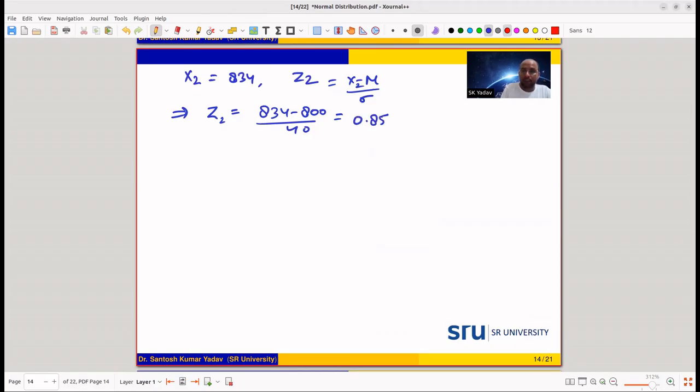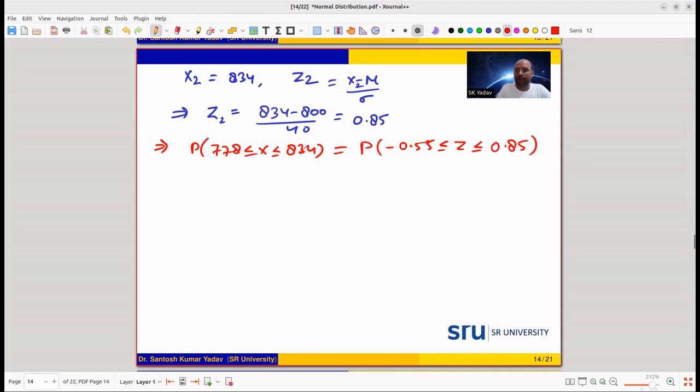So now the third step is also completed. This implies the probability of finding between 778 and 834 is now converted into z: from minus 0.55 less than z less or equal to 0.85.